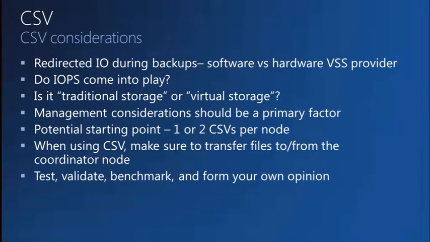For example, if you put 50 virtual machines on a given CSV and you start to see some sort of major I/O spikes or latency around a given CSV, the more stuff you have on it, the harder it is to peg down, and you can go in and do those things with perfmon. But as you start to get more and more virtual machines across more and more disks, figuring out where the source problem is increases in complexity.